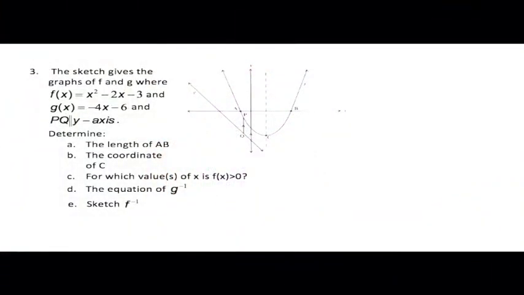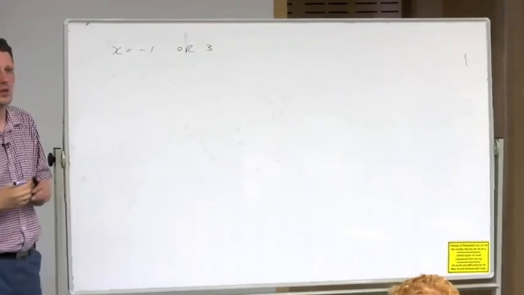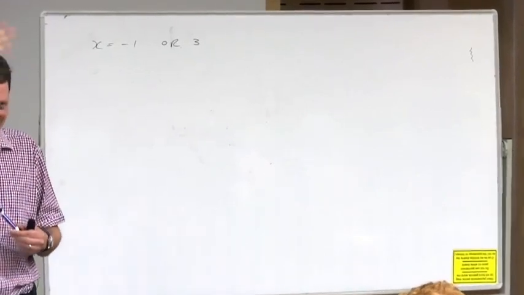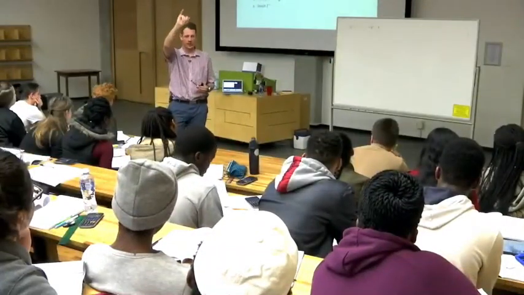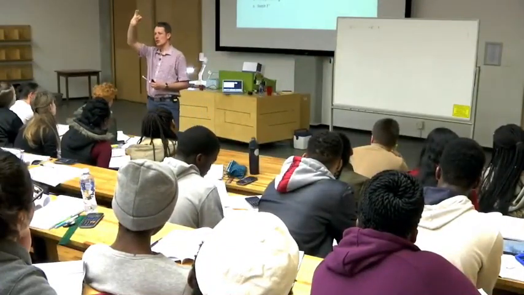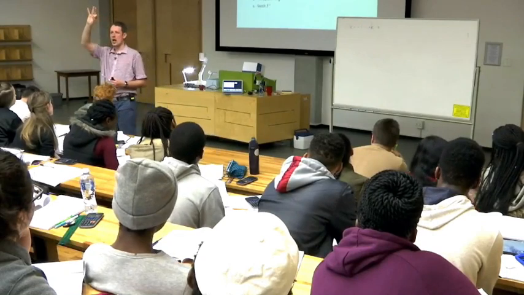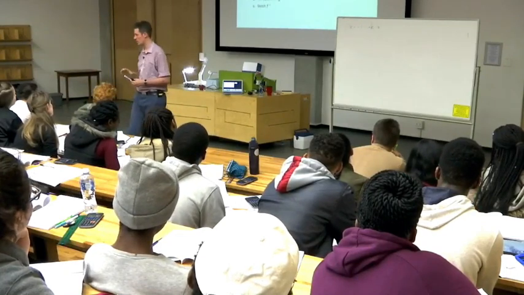Now, if you are unsure about how I got that, please come and see me. Okay? X is -1 or 3. Again, for the 80 and 90% here, guys, you've got to be able to solve it in all three different ways: factorization, completing the square, as well as the formula.